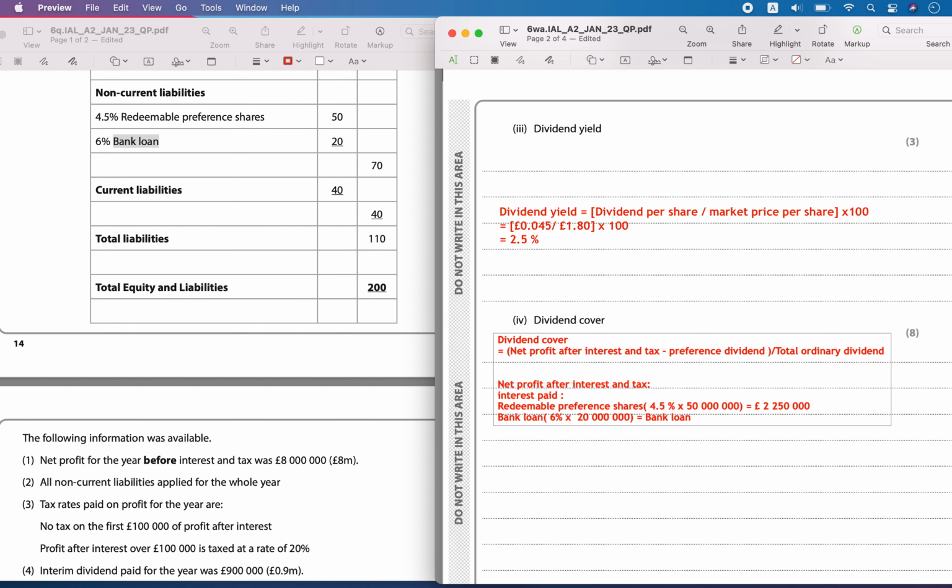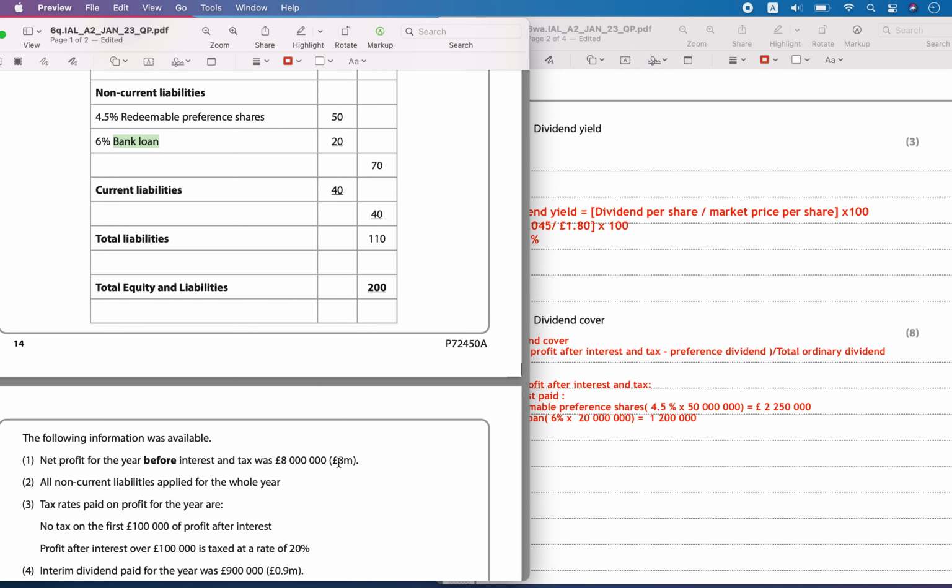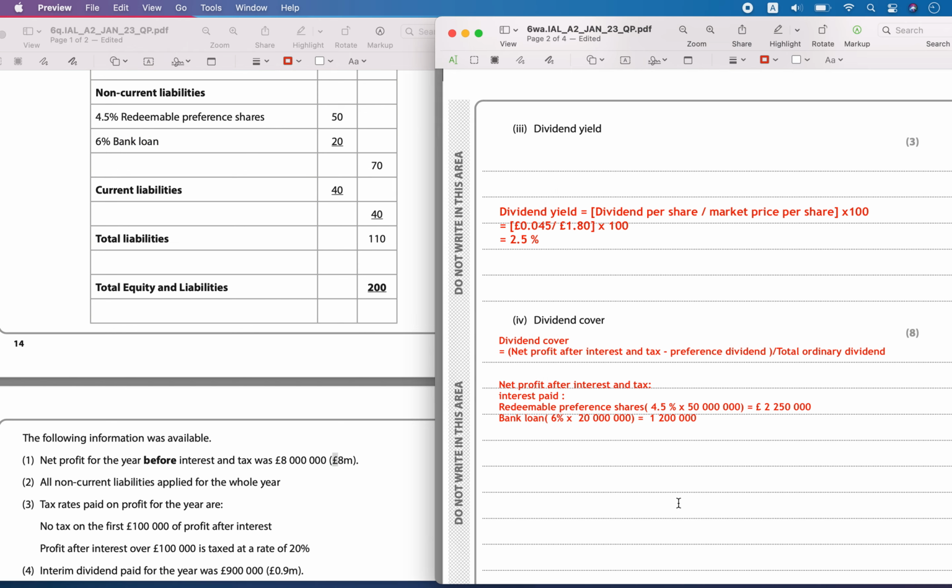So the interest paid is around 1,200,000. This is the amount of bank loan interest paid.